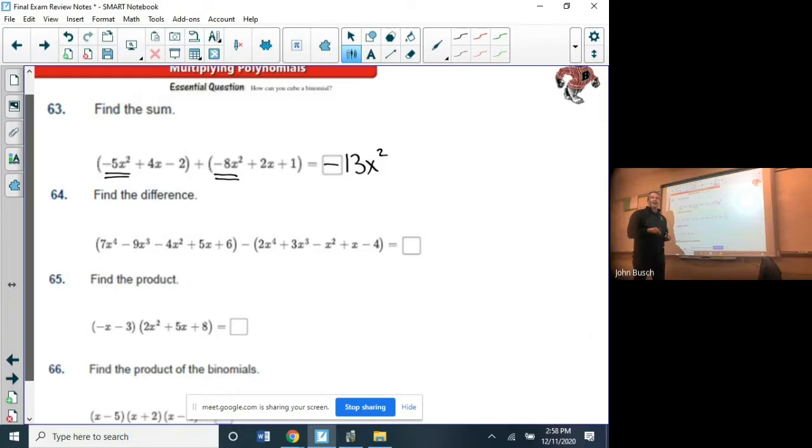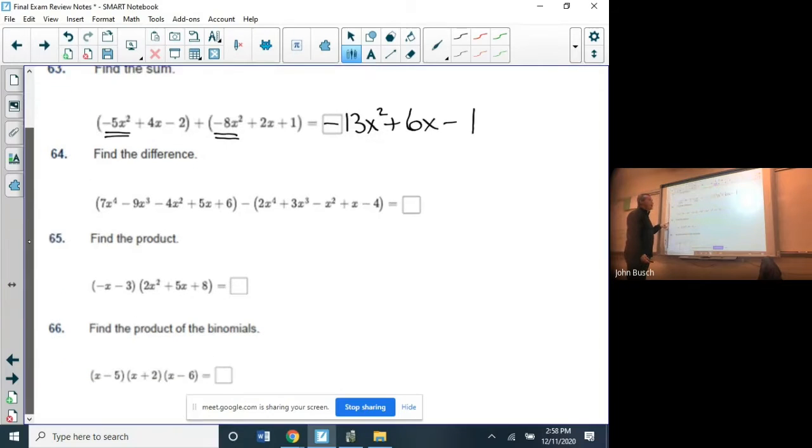If it means getting it correct, then use your fingers. Just get it correct. You've got to be in the habit of getting it correct. And if that's what you need to do to get it correct, then use your fingers. 4x, 2x, those add to 6x. Negative 2 plus 1, negative 1. So there's the answer for the first one.